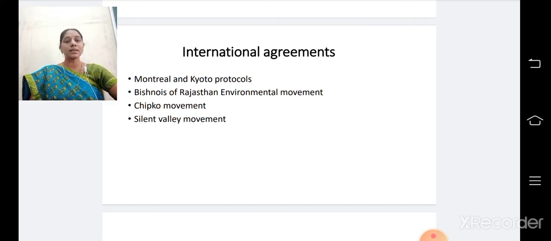Sundarlal Bahuguna started this Chipko movement in Uttarakhand. Later on, it spread through the Himalayan region overall. What is the Chipko movement? Hug the tree, protect the tree, because the trees are necessary for the local people to get a sustainable livelihood.